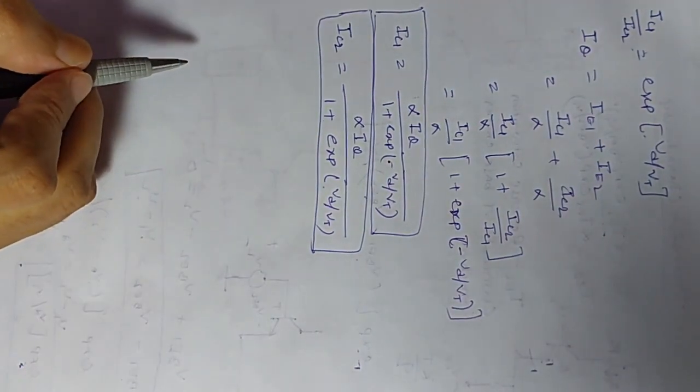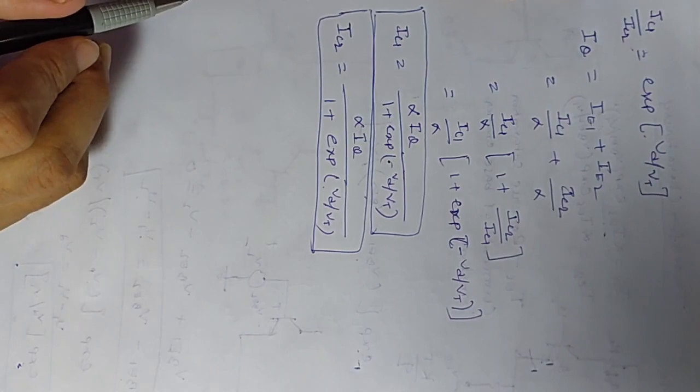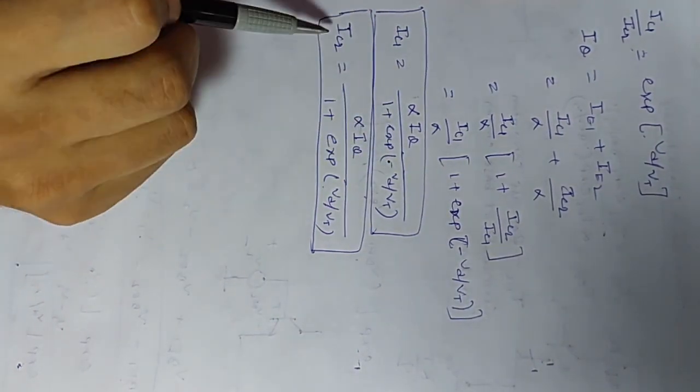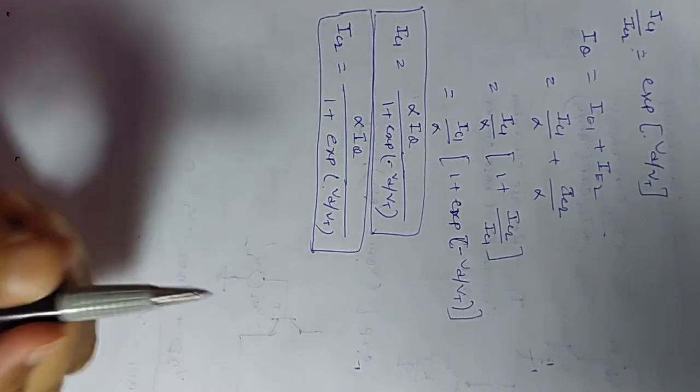Now we shall try to plot these two currents, IC1 versus Vd and IC2 versus Vd.